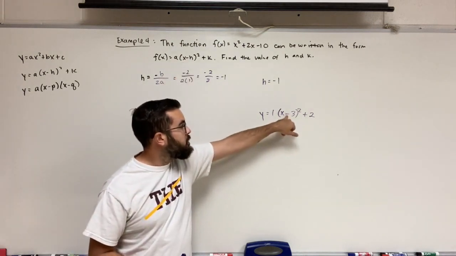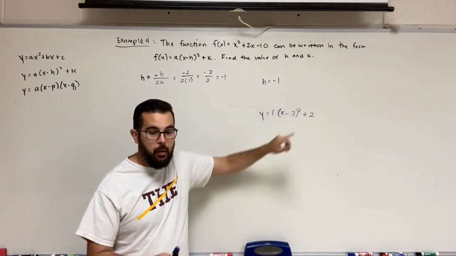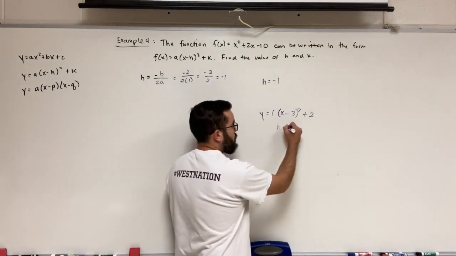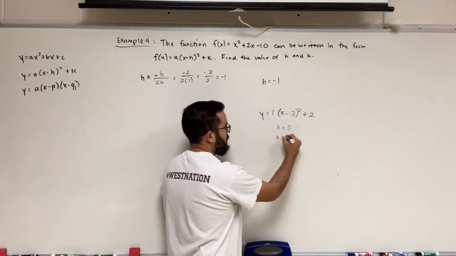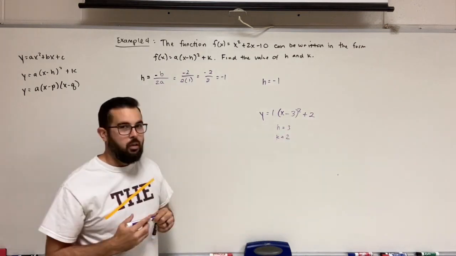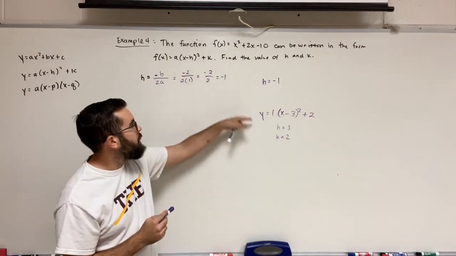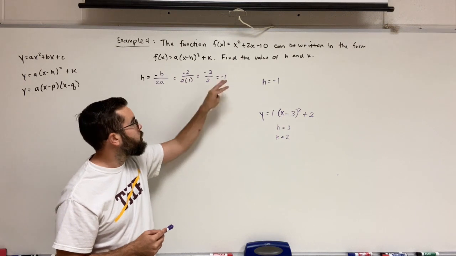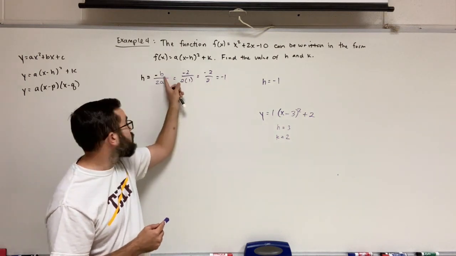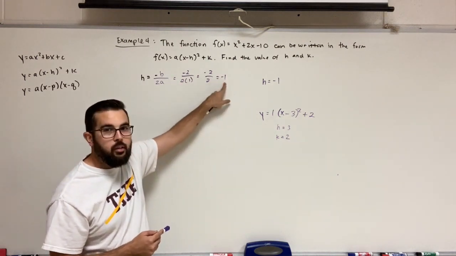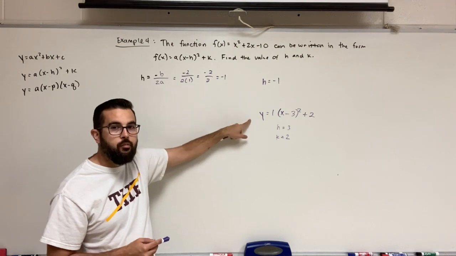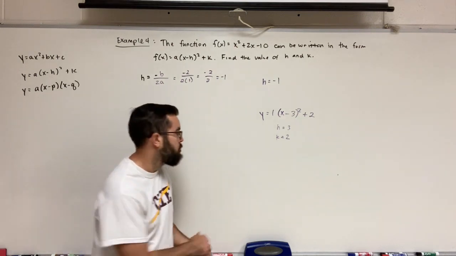So in order for this to stay a minus, this h has to be positive. So h is 3 here, and k is 2. So that's a mistake I see people make, is when they're actually solving for h and using the negative b over 2a, this is your h value. Don't think of it like when you take it from an equation.